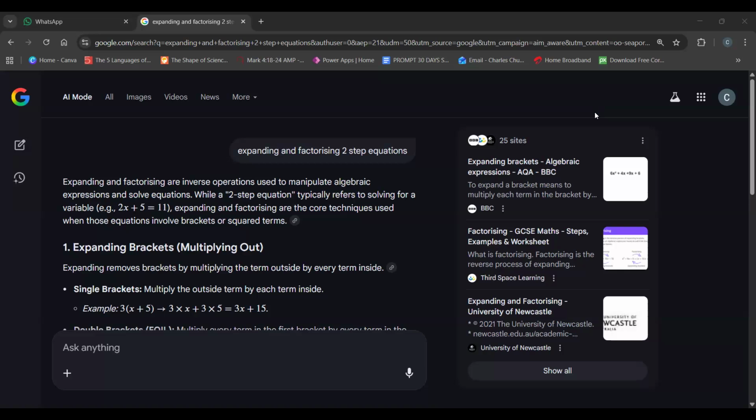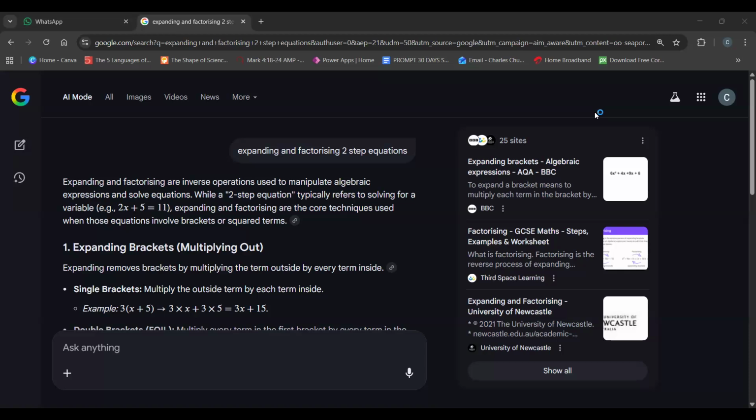It says a two-step equation typically refers to solving for a variable. Example, what we have in the bracket. That example in the bracket, does it look familiar? 2x plus 5 equals 11.